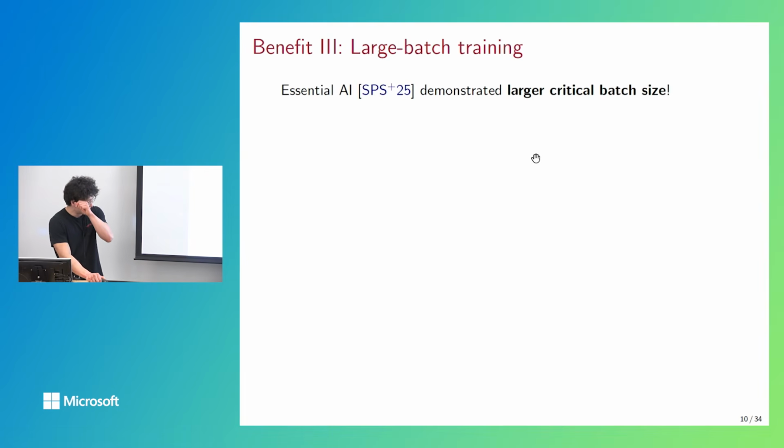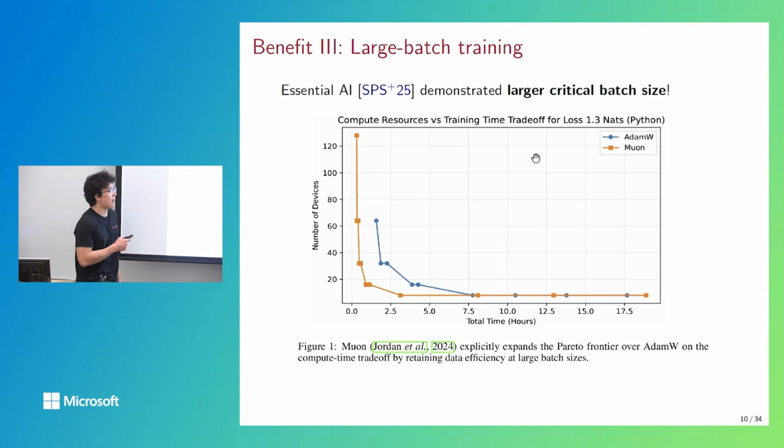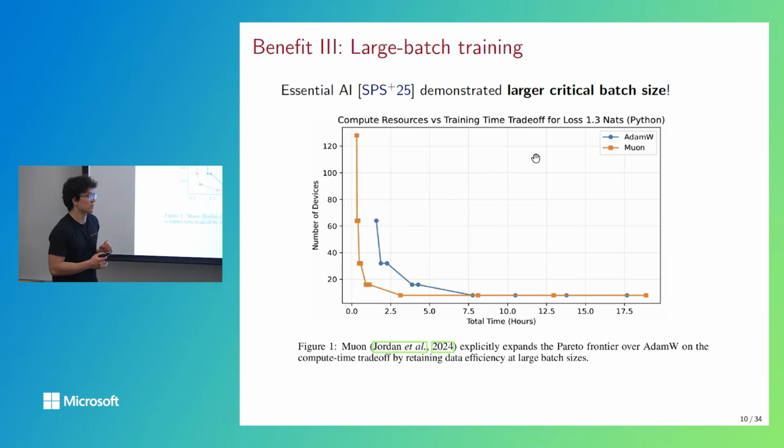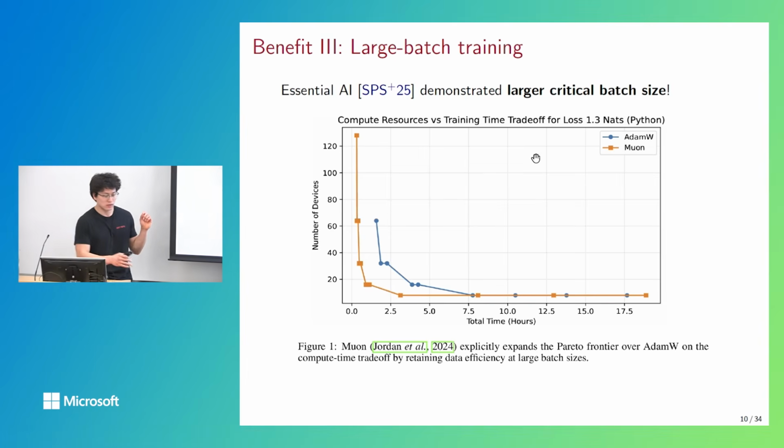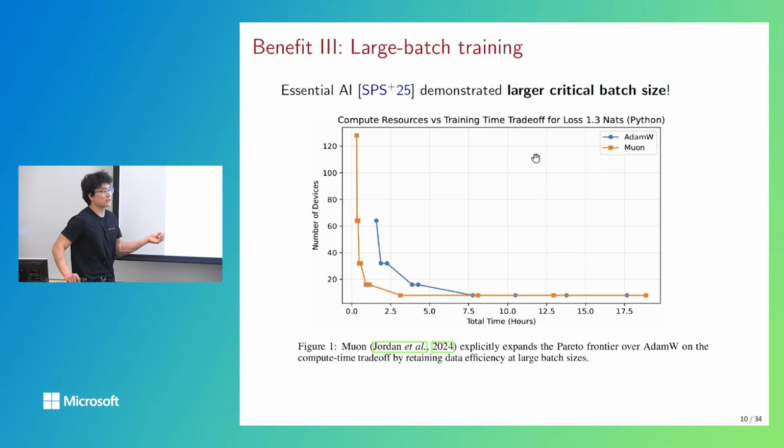For this, Essential AI conducted a very nice study, where they have the result showing this trade-off between the number of GPUs versus the total training time. So in an ideal world, if you're willing to train on twice more GPUs, in the ideal case, we should get half the total training time.